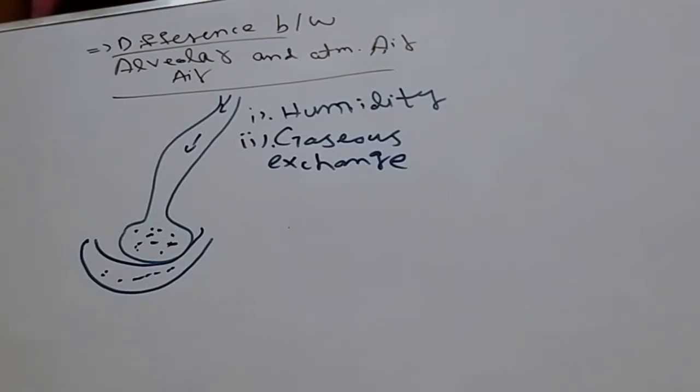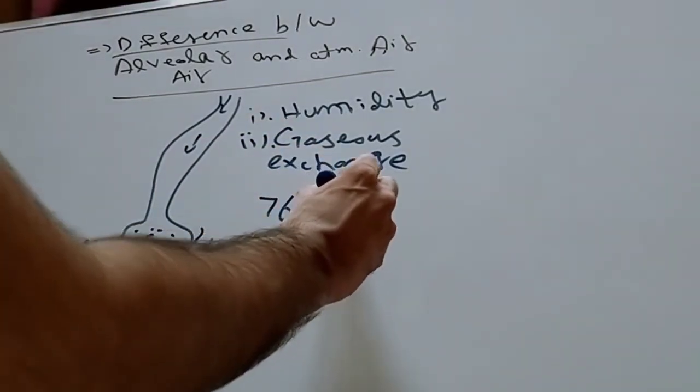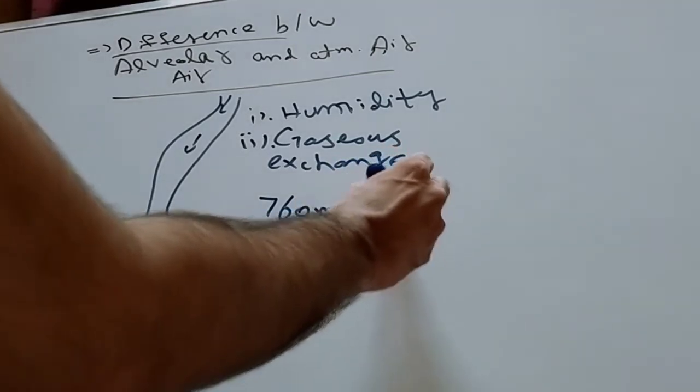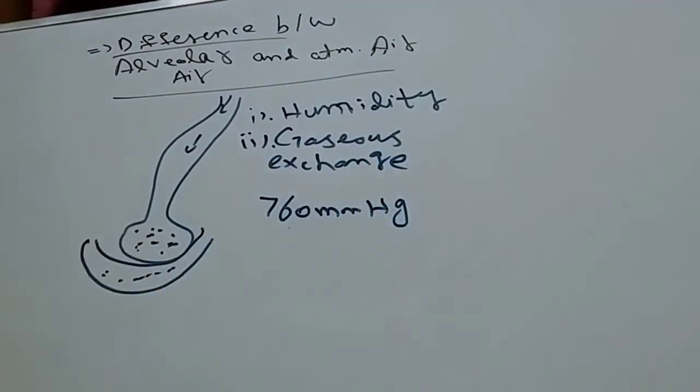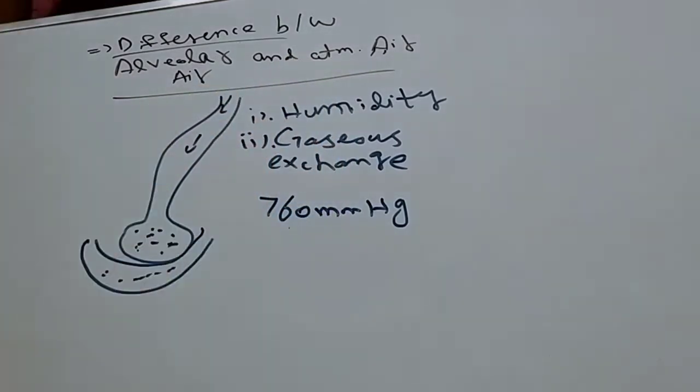So after this I will tell you about the following. We know that the pressure of alveolar air must not exceed 760 millimeter of mercury in the alveoli. What happens is that the air has been humidified, so water has been added.